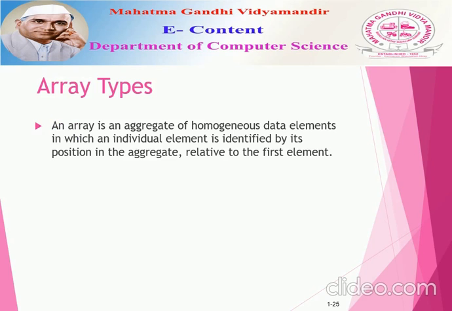Now we are going to see array types. What is an array type? Already we know an array is a homogeneous aggregate of data elements in which an individual element is identified by its position in the aggregate relative to the first element.